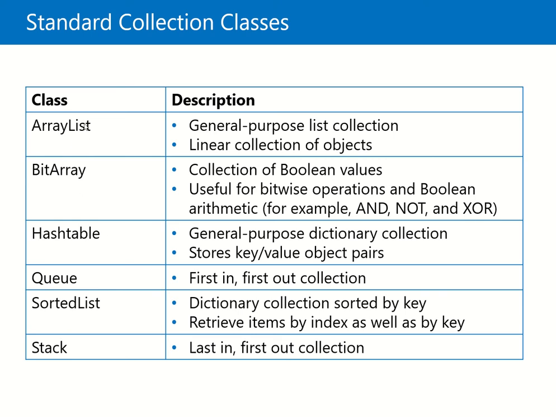The class ArrayList is a general purpose list collection. It can store various types of objects. It includes methods and properties, for example to add items, to remove items, to count the number of items, and so on. Those methods are already built into the ArrayList class, so you can use them.